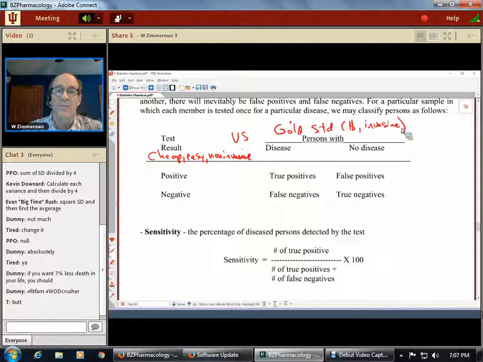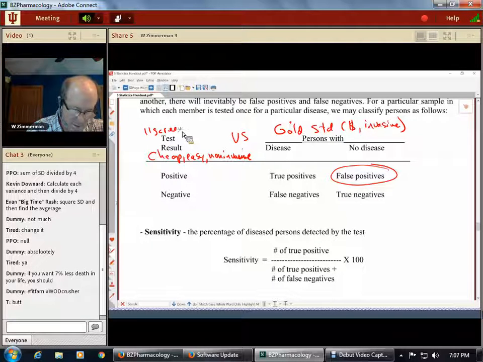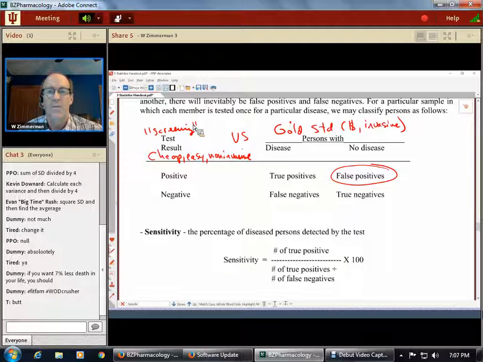But when we look at it, what we'll see is, all right, there'll be times when the test result from the cheap, easy test is true, says the disease is there, and so does the gold standard. But you've also got these false positives, where the screening test, we'll call this a screening test, will have false positives.